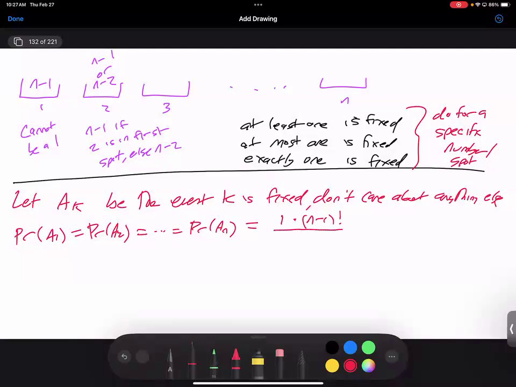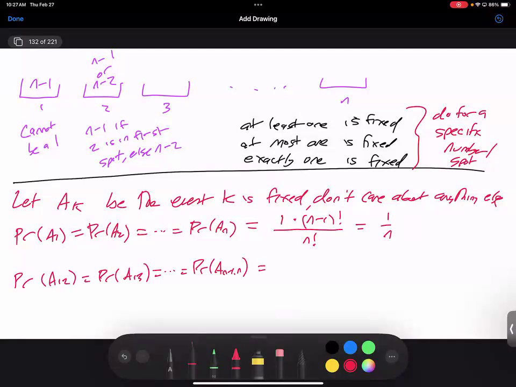And how many ways can I arrange the n numbers? How many permutations do I have? That's just n factorial. So it's just 1 over n. Let's let probability of A12, that's going to be the probability of A13 equals ... equals probability A(n-1)n.